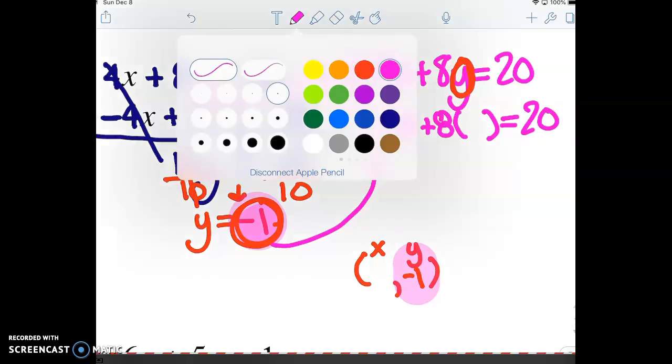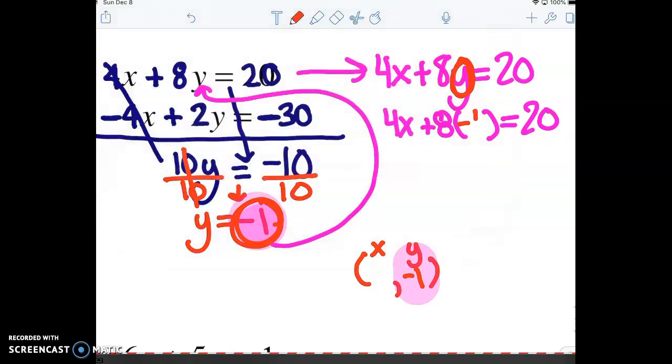La y igual negativo 1. ¿Quiere bajando la 4x? ¿Quiere que multiplicar la 8 con la negativo 1? Igual negativo 8. Bajando la igual, bajando la 20.